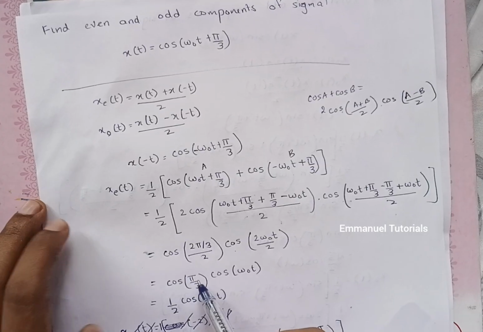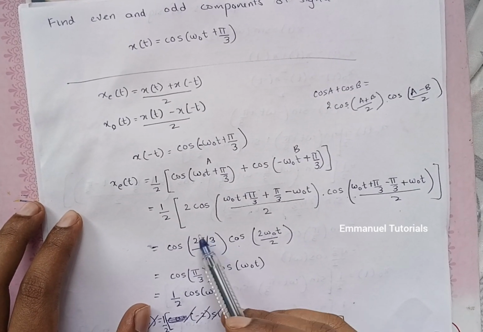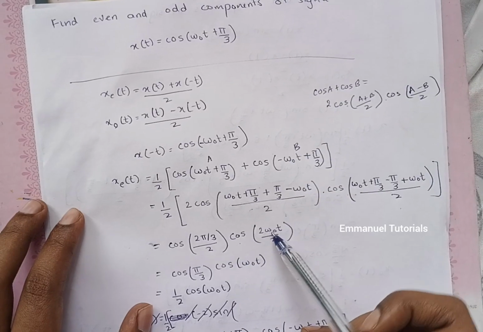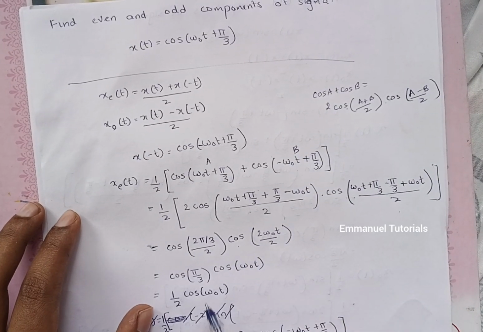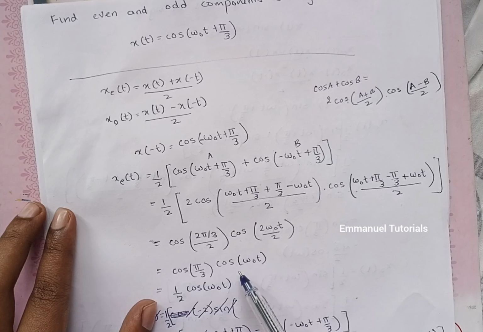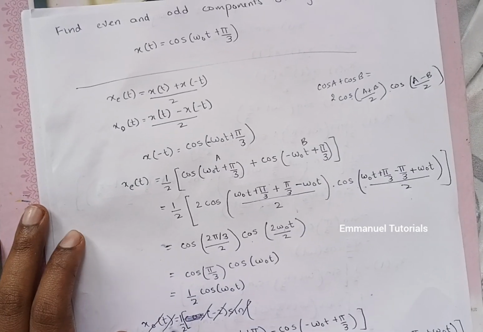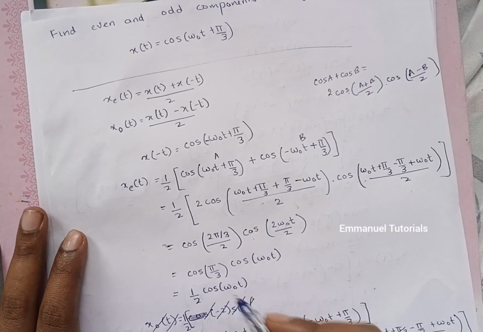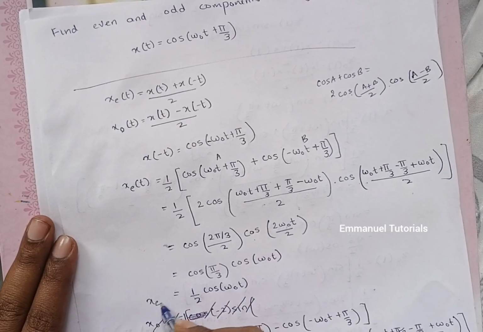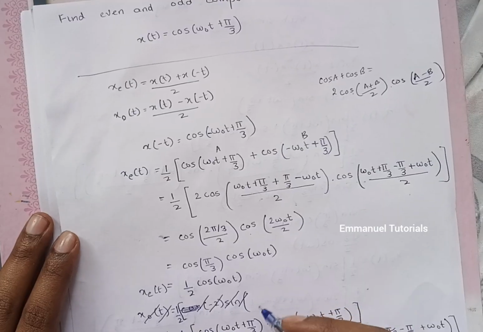So then we have cos of pi by 3 multiplied by cos of omega naught t, because again the 2 and 2 get cancelled in both of the functions. Now cos pi by 3 is half, as you know, and cos omega naught t will remain as it is. So we have half cos omega naught t as our even function, or even part, you can say.